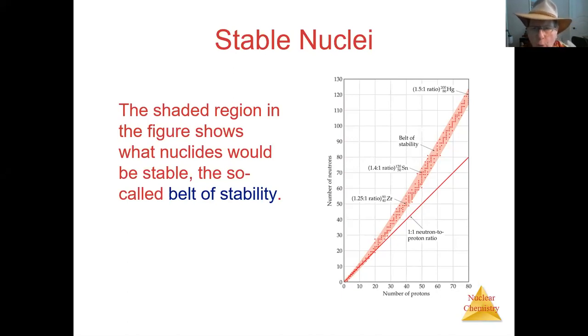That particular wide area of this ratio is called the belt of stability. If you're in the belt of stability, your nucleus is relatively stable, and it won't fly apart.